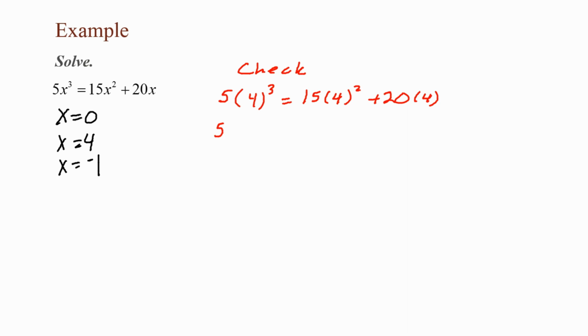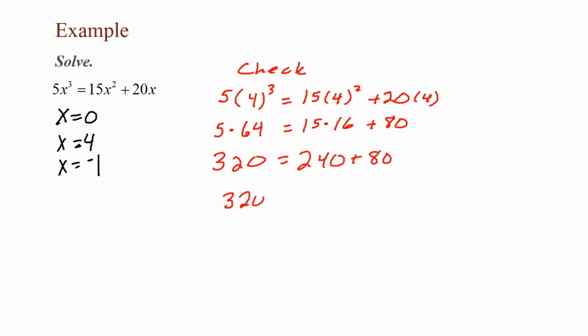So 4 to the third power is 64, and 4 squared is 16, and 20 times 4 is 80. 5 times 64 is 320, which equals 15 times 16 is 240, plus 80. 240 plus 80 is 320, so I have 320 equals 320. So 4 works as well.